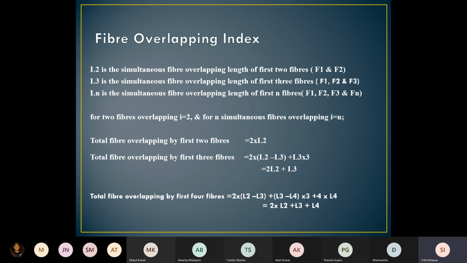Ln is the simultaneous fiber overlapping length of the first n fibers F1, F2, F3 to Fn. Now you see, for the first two fibers' overlapping length, for simultaneous fiber overlapping, say i is equal to 1, the total overlapping length of the first two fibers is 2 into L2. You just go back here.